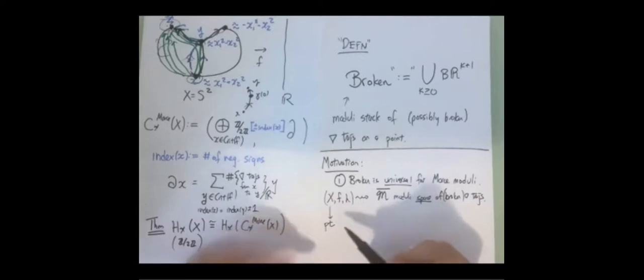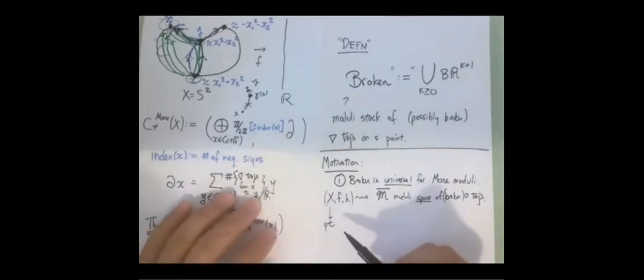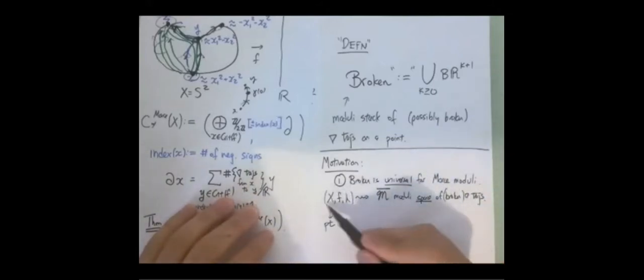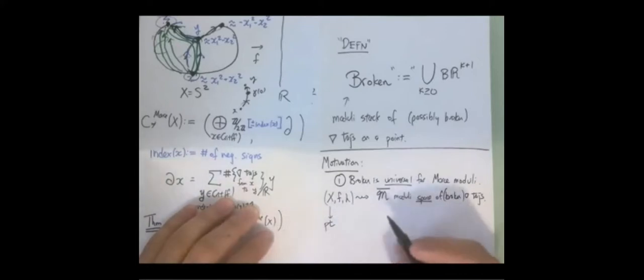It's an R equivariant map, if you like, with respect to the gradient flow action. And so it follows that there's a map from the moduli of gradient trajectories on X to the moduli of gradient trajectories on a point, which is to say, there's a map from M bar to broken, always, regardless of what X, F, and H are.